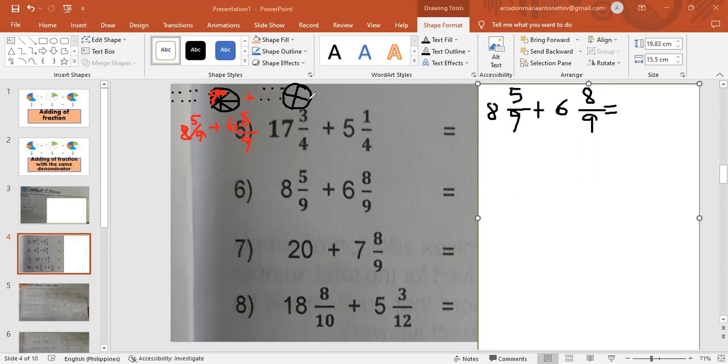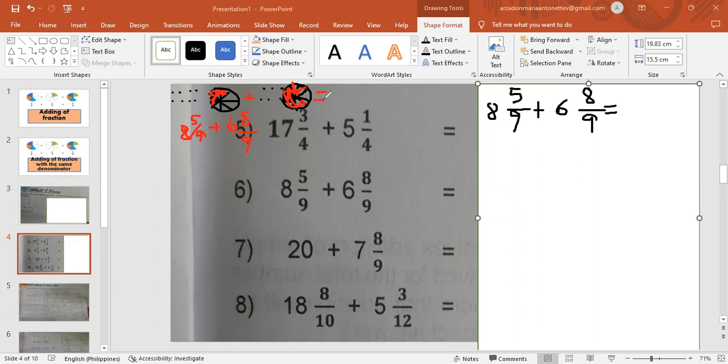Let's make 9 parts of pizza. 1, 2, 3, 4, 5, 6, 7, 8, and 9. So we have 9 parts of pizza, but only 8 are shaded. So let's see. Only 8, meaning 1 is left. Okay, so that is the illustration for that.